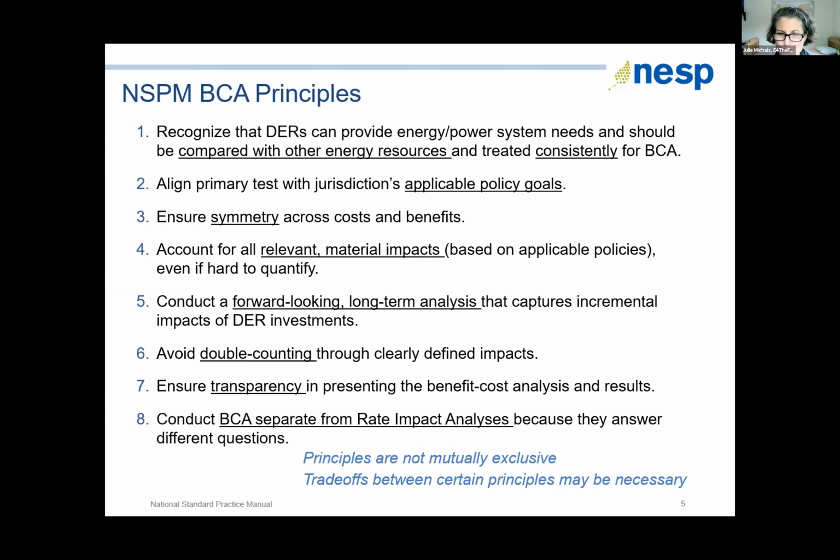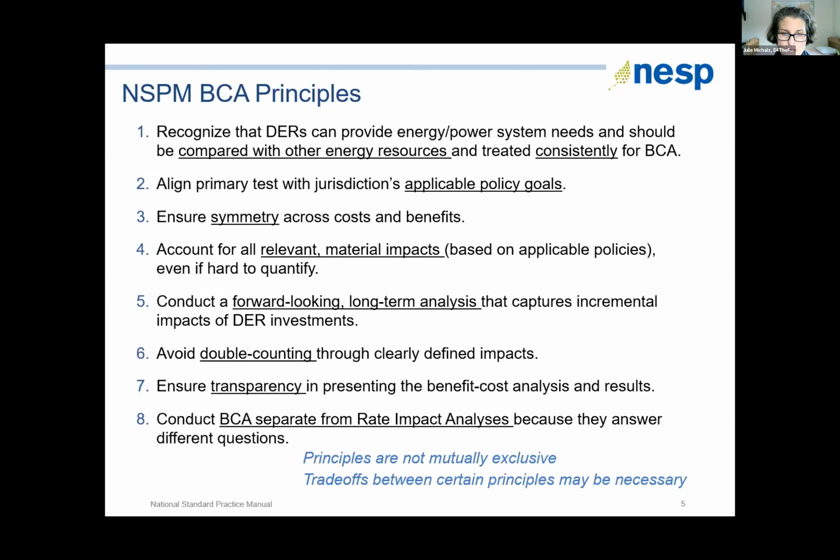So these are kind of no-brainers. One reads these and says, okay, that all makes sense. There's nothing here that really necessarily causes me heartburn. But in application, they actually can help a jurisdiction get through some issues that have been a challenge for BCA analysis, for both efficiency and increasingly for other DER resources.